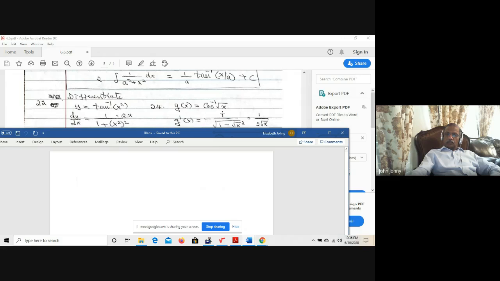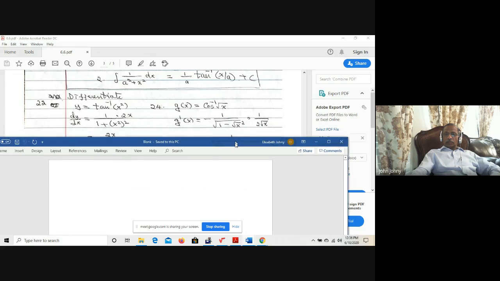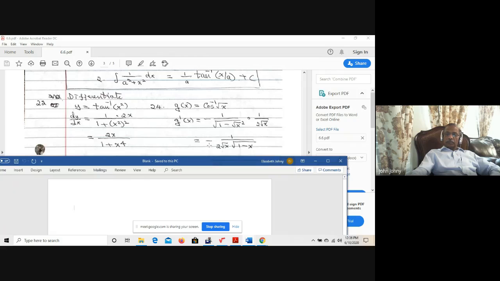So negative 1 over square root of 1 minus square root of x the whole square, multiplied by the derivative of square root of x, which is 1 over 2 times square root of x. Or simply negative 1 over 2 square root of x times square root of 1 minus x.